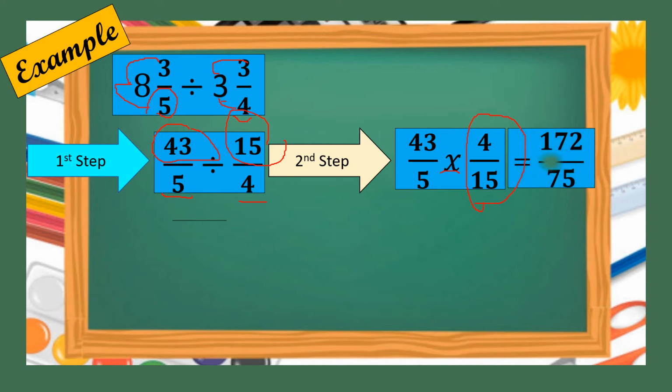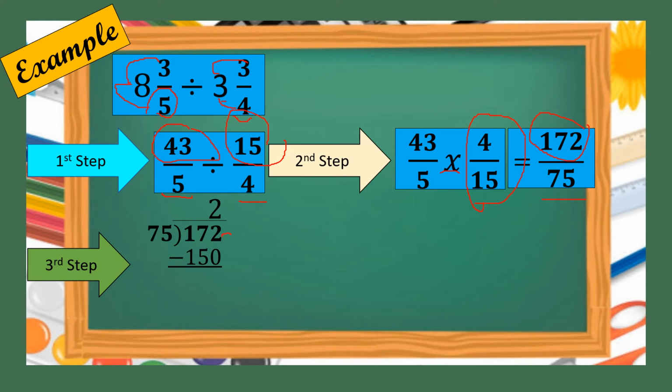Third step, or 43 times 4 equals 172. 5 times 15 equals 75. So since 172 is greater than 75, we need to change it into mixed number. So 172 divided by 75 equals 2. 2 times 75 equals 150.